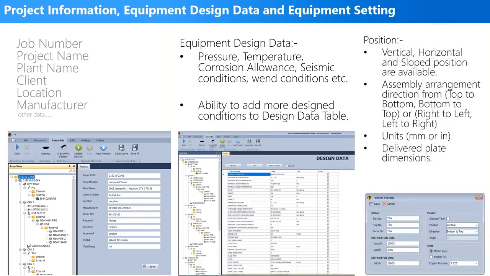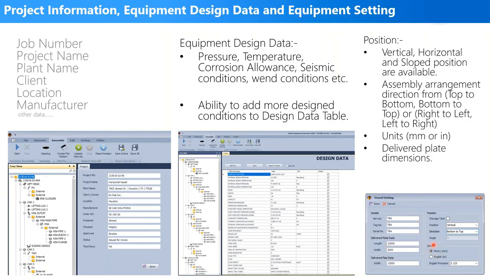By opening the settings of the equipment, you have the ability to define the position of the vessel, if it's a vertical, horizontal, or sloped vessel. Define the delivered blade dimensions here. By using those values, SEG will automatically calculate the required number of blades needed to create the total circumference of the shell.